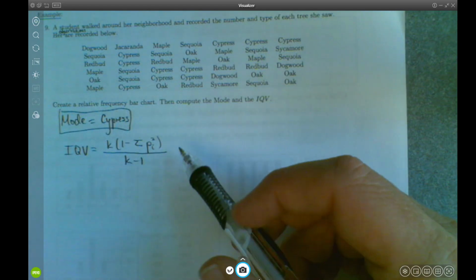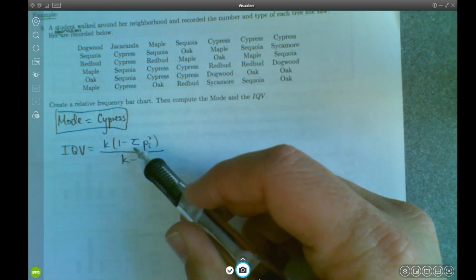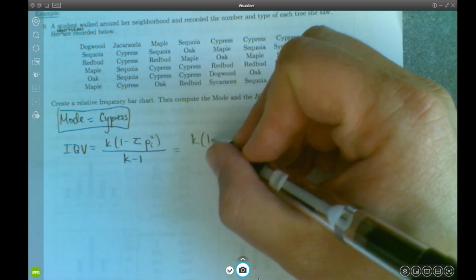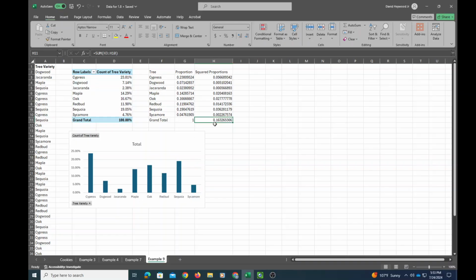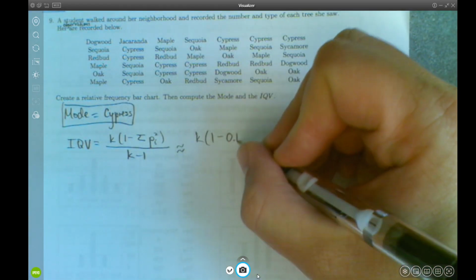We just used Excel to get this sum of our squared proportions, right? It was about 0.163.